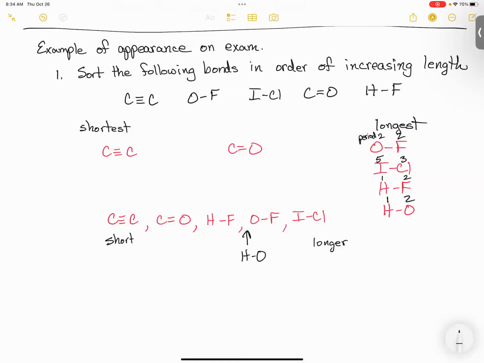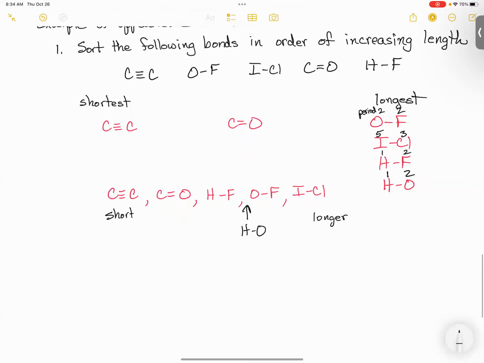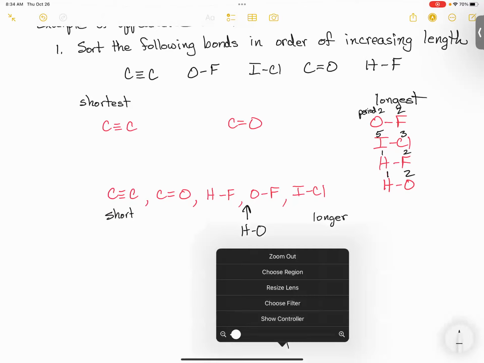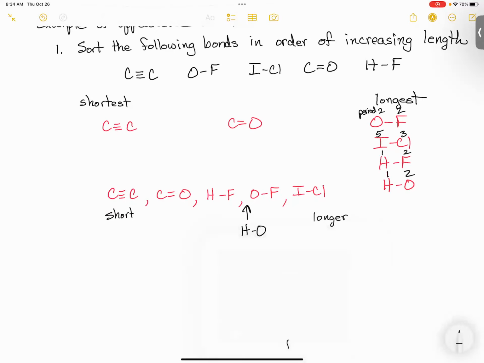Now, on ACT, I don't think they make you do long stretches of things. I think it's usually one or two. But on a test, this is what you can expect.